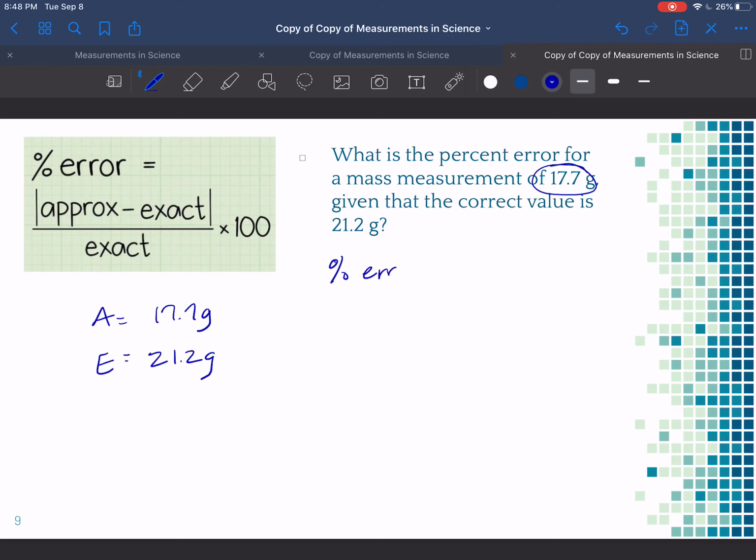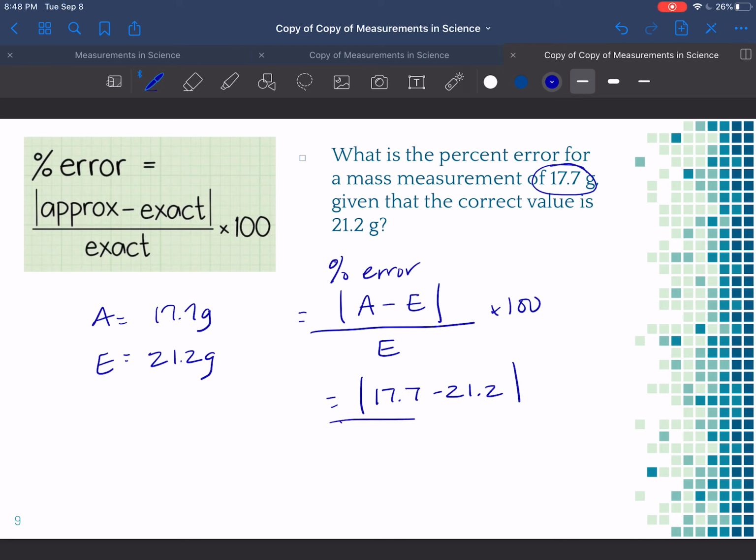Now we can calculate the percent error. It is the approximate minus exact, absolute value of that, divided by exact, times 100. And then we just substitute in 17.7 minus 21.2. Now, before I even take the absolute value of that, you can see this number is negative, meaning this student was far below the target and not above.